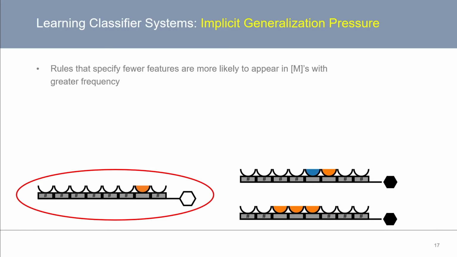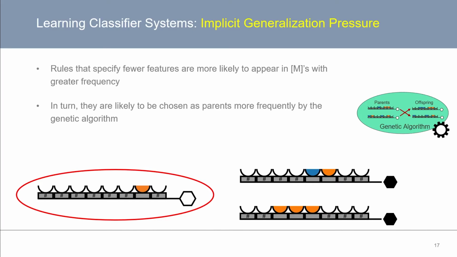Of these three rules, this rule specifies the fewest features. In other words, it's the simplest rule. Rules that more frequently end up in match sets inherently have a higher chance of being picked as parents by the genetic algorithm downstream. This observation yields an implicit evolutionary pressure that encourages the discovery of simpler or more general rules.